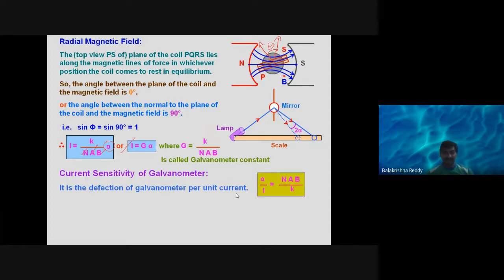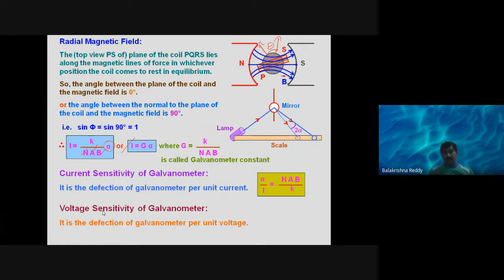We express it as the deflection alpha per unit current I. Per unit current, the deflection in the needle we can find out. That gives the current sensitivity of the galvanometer. We write it as alpha by I, which is NAB by K, all of which are constants.